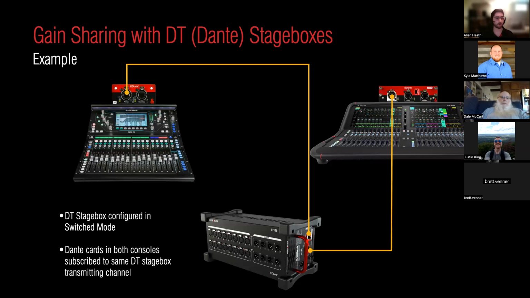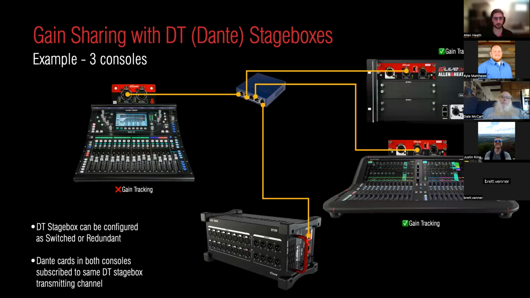So the primary port is going to this SQ. The secondary port is going to this Dante card, which is actually the wrong port. This is the network port. It should be going here, but just ignore that. But yeah, in this case, if the SQ controls the gain on one of these preamps, the Avantis will also see that, because they're both accessing the preamps directly through this Dante network.